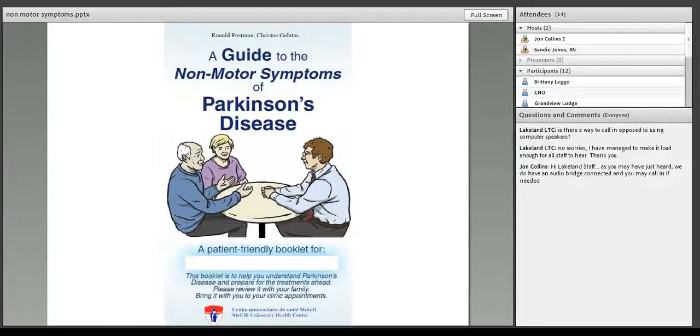Thank you, John. Parkinson's disease has classically been considered a motor disease. The cardinal motor features of the condition that we are all very familiar with are tremor, rigidity or stiffness, bradykinesia, which is a fancy way of saying slowness of movement, and problems with balance and gait, walking problems.